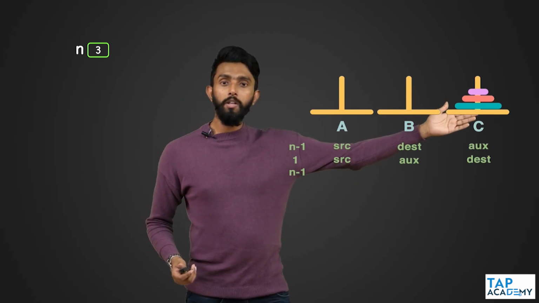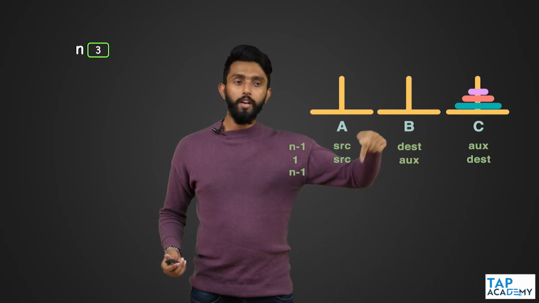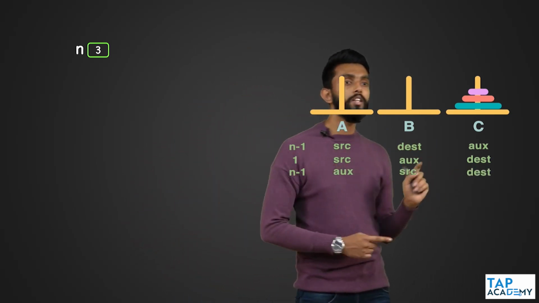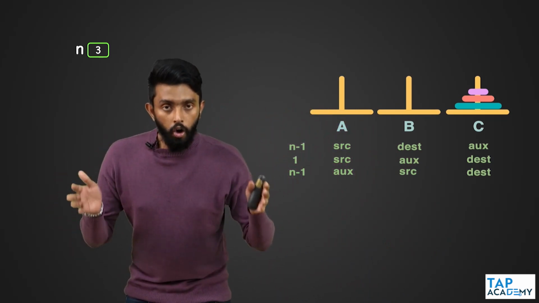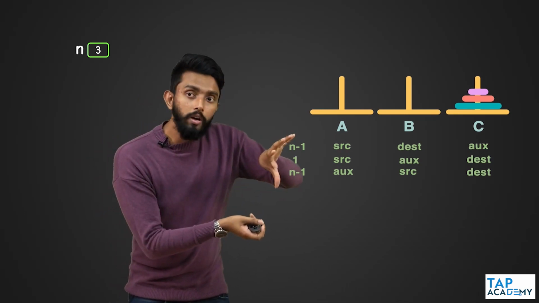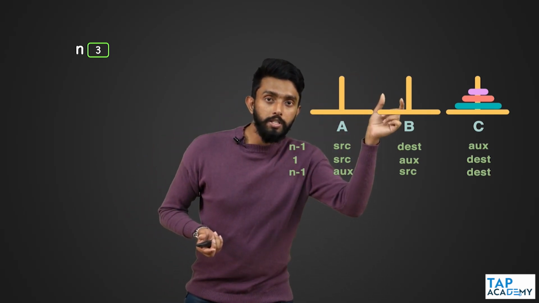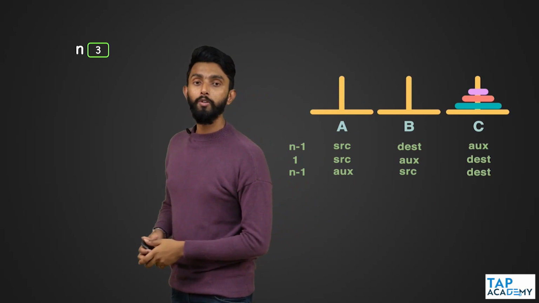So moving there means what? Source, destination, auxiliary, and that is what I am also showing. Auxiliary, source, destination. Which means a Tower of Hanoi problem which had n disks, I have broken down into 3 sub-problems, where first I move n minus 1 disks, then I move 1 disk, then I move n minus 1 disks. Would you agree with me?